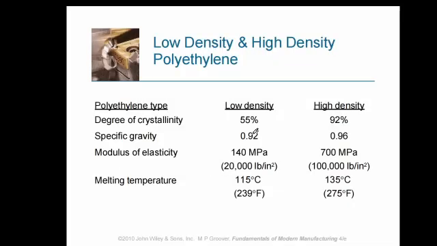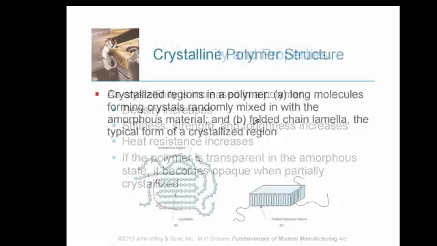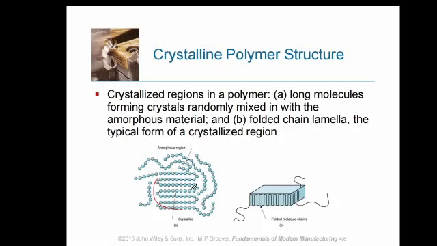We have a comparison between low density and high density polyethylene. The difference between these two types of polyethylene is that the low density one has a very low degree of crystallinity. It means that it may have an arrangement similar to the diagram in A, whereas high density may have an arrangement similar to B here.